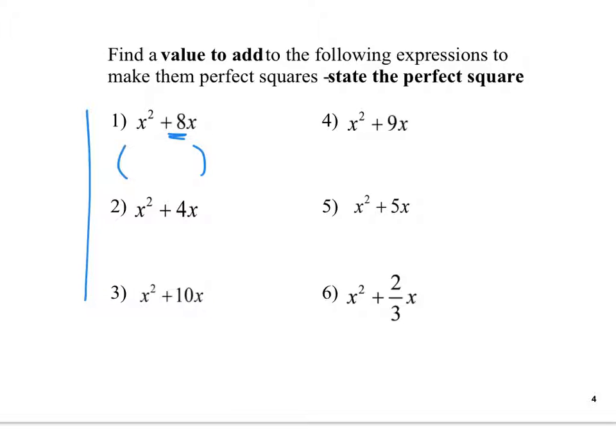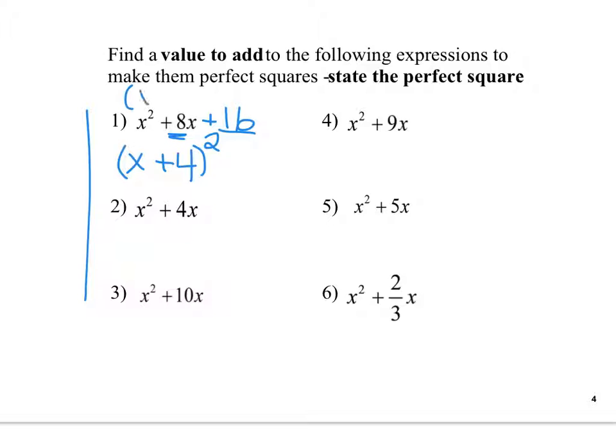This is how I always do it. I put an x here. I'm going to make this a perfect square, so basically I'm doing 2 steps in one. I have to add something to it to make it a perfect square. What's that number going to be? Well, if I take 8, divide it by 2, I get 4, and 4 squared is 16.